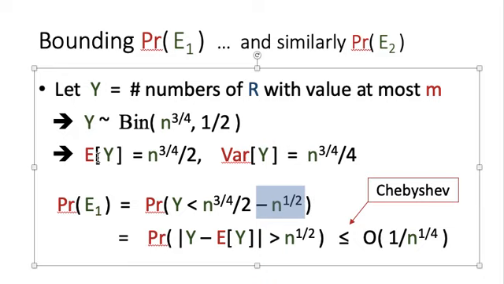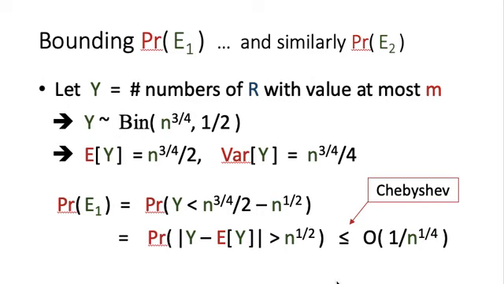Because we now know the expected value and also the variance, we can change this probability bound into a term to which we can apply Chebyshev's inequality. After changing it, we find that this probability is less than or equal to 1 divided by n to the power of some constant. So this is small.